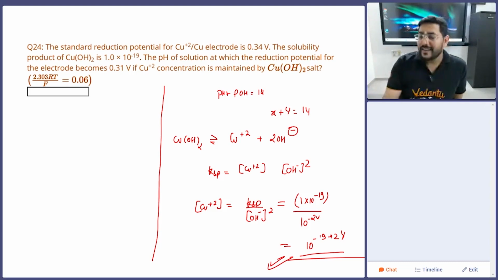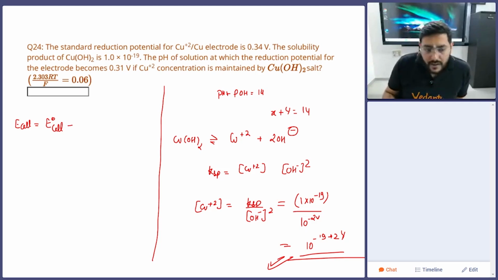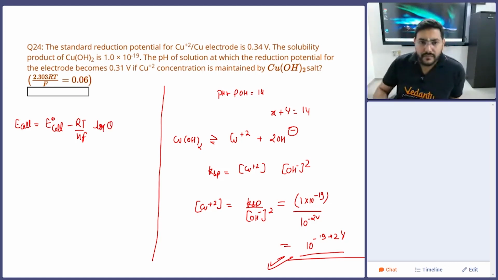Now the electrochemistry part. Here, E cell is equal to E naught cell minus RT upon nF log Q. We are going to convert 2.303RT/F, so let's put it in. Now we are talking about the values. Here they are asking 0.31. What is the E naught?